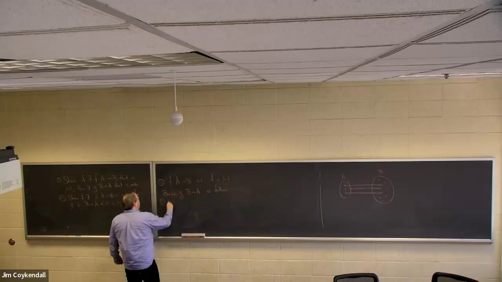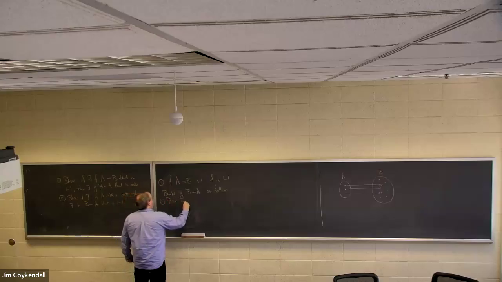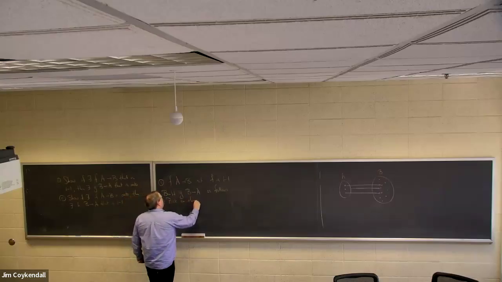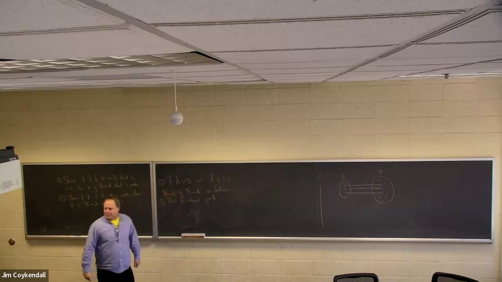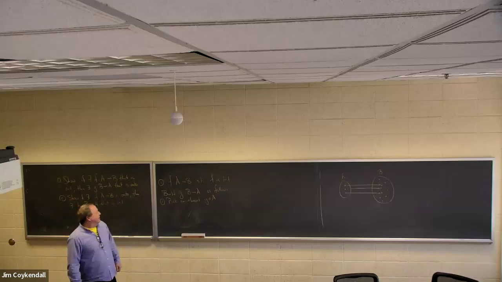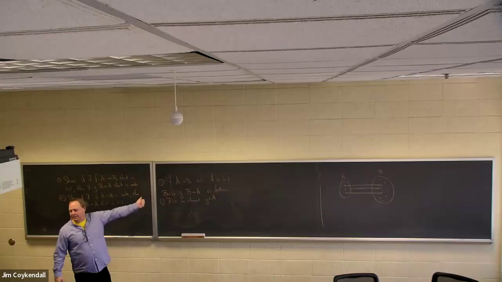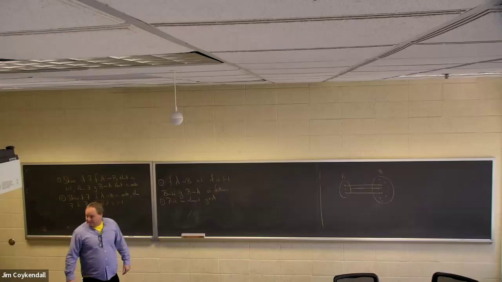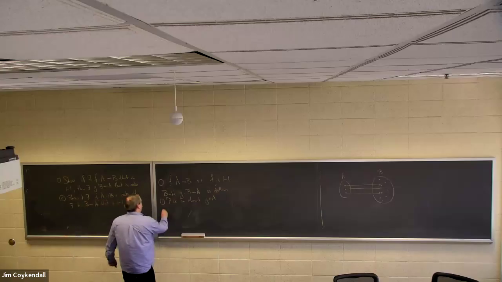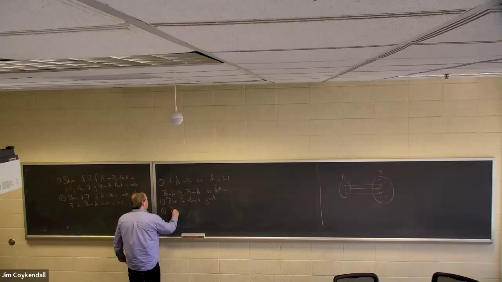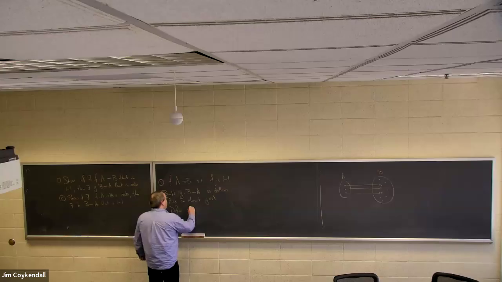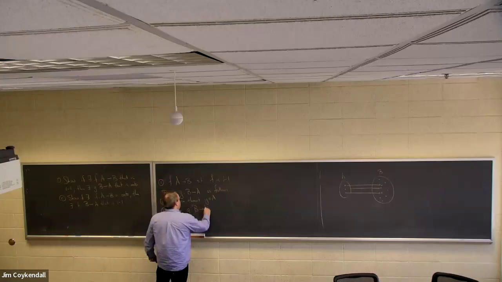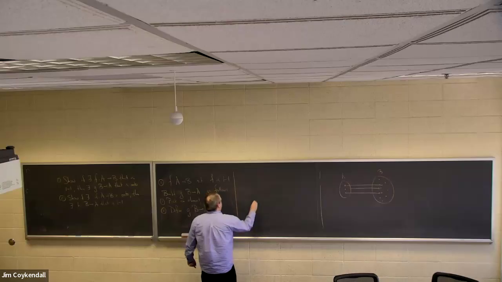I'm assuming that A and B are not empty sets, otherwise I don't have too many functions here. So I'm going to pick an element Y in A. Now find G of X, or G from B to A. Let's do this.